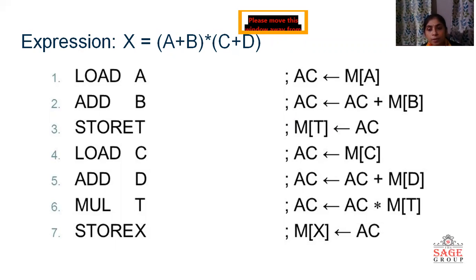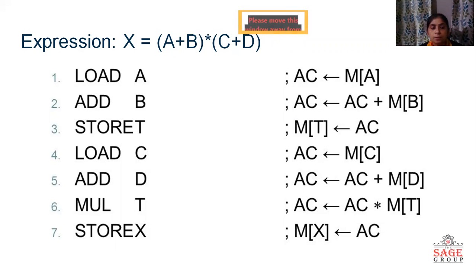This accumulator data, M of C, will be added with the memory location D's data, and it will again be transferred into the accumulator instead of a processor register. Here only memory addresses and the accumulator register are used.